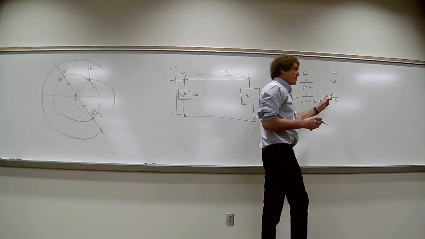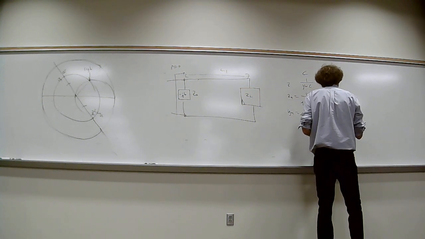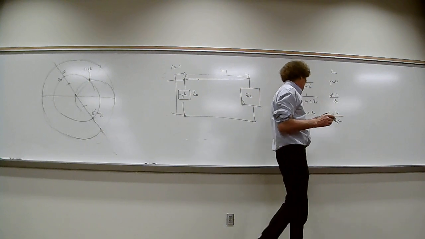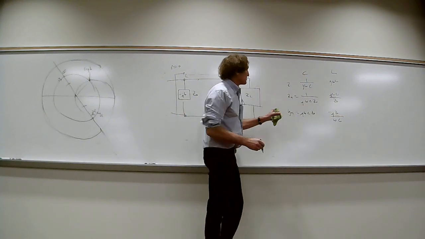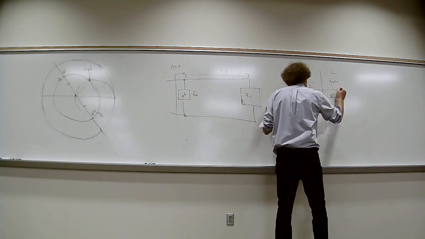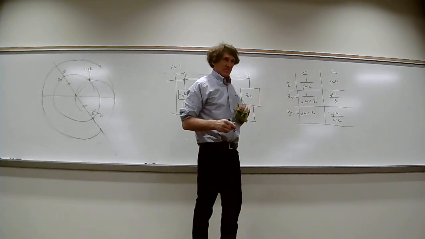The normalized impedance here is going to be what? Minus J Z naught over omega L. Do you all follow me? That would be the normalized impedance of the inductor.